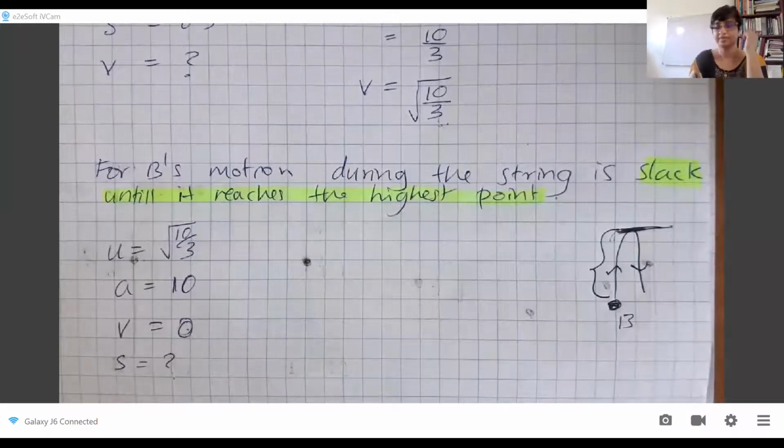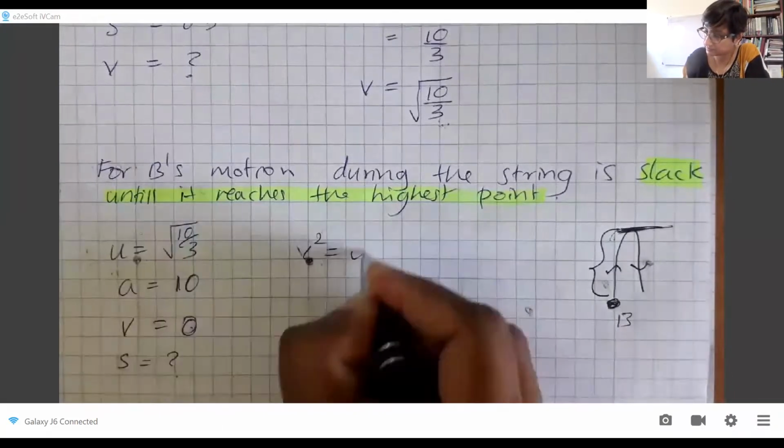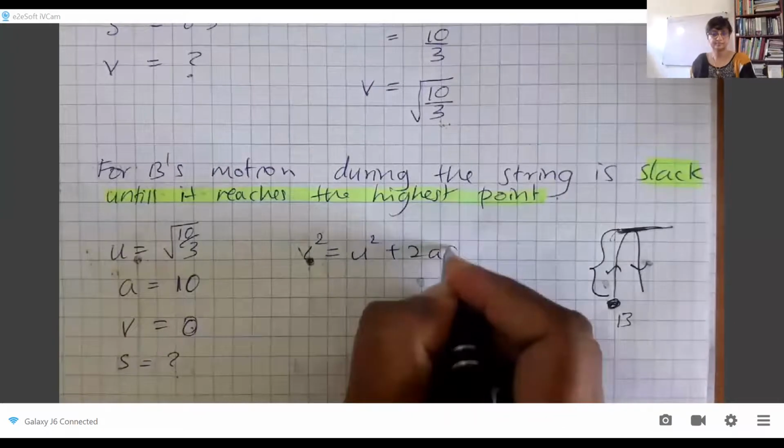Okay. Can you find S? Same equation, no? Hurry up.